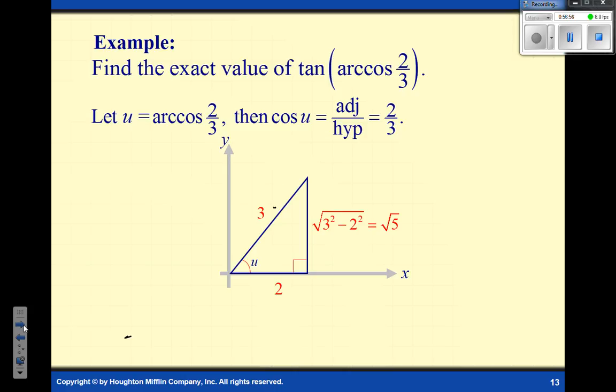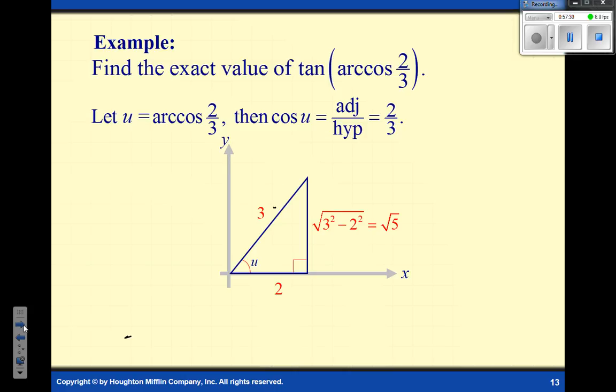Now here's the thing. Honestly, I don't necessarily have to find that angle. If you're curious, you can. But the middle part says, find the angle whose cosine ratio is 2/3. You found it right here in this drawing. If you're just dying to know what the angle is, go ahead and put it in the calculator just to find out. Now, what is the tangent at that same angle?